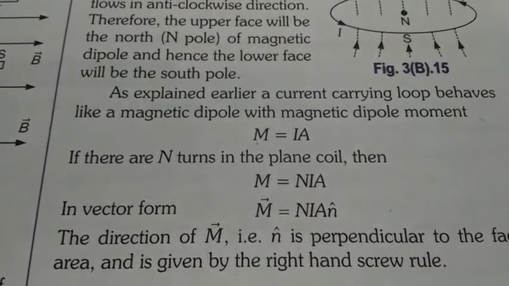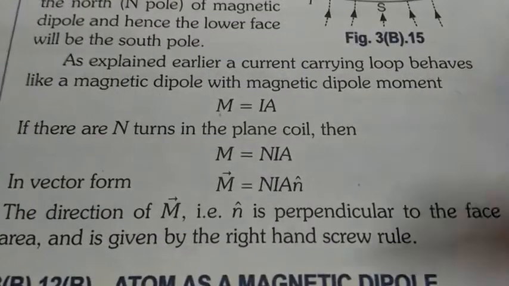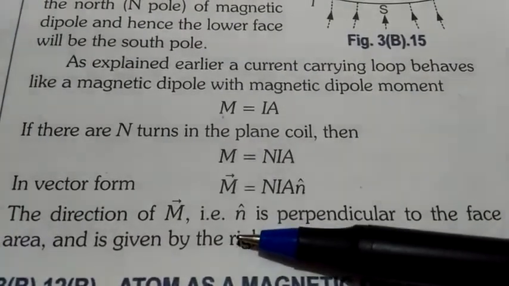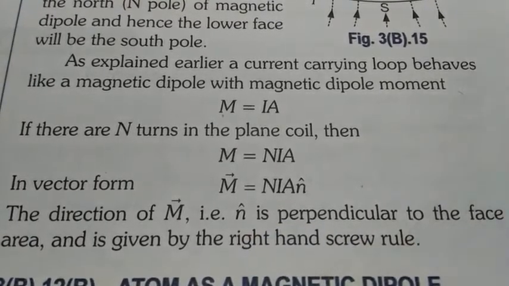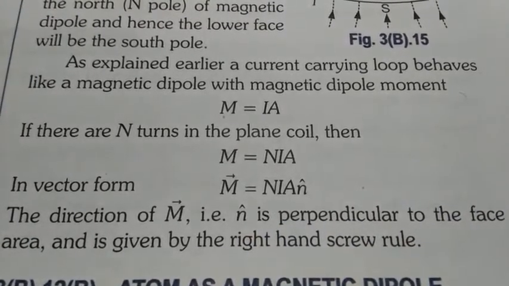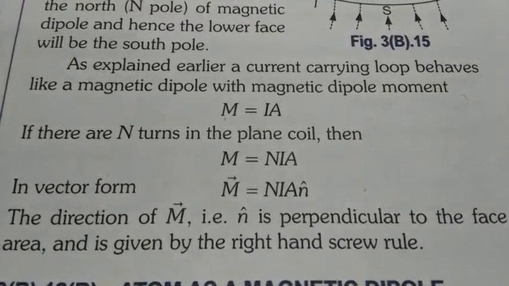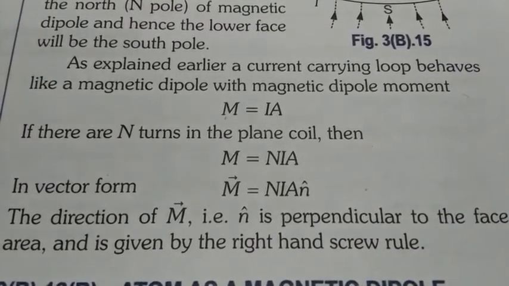The direction of M, that is the unit vector n, is perpendicular to the face area and is given by the right hand screw rule. According to right hand screw rule only, we have the upward side as N pole and downward side as S pole.